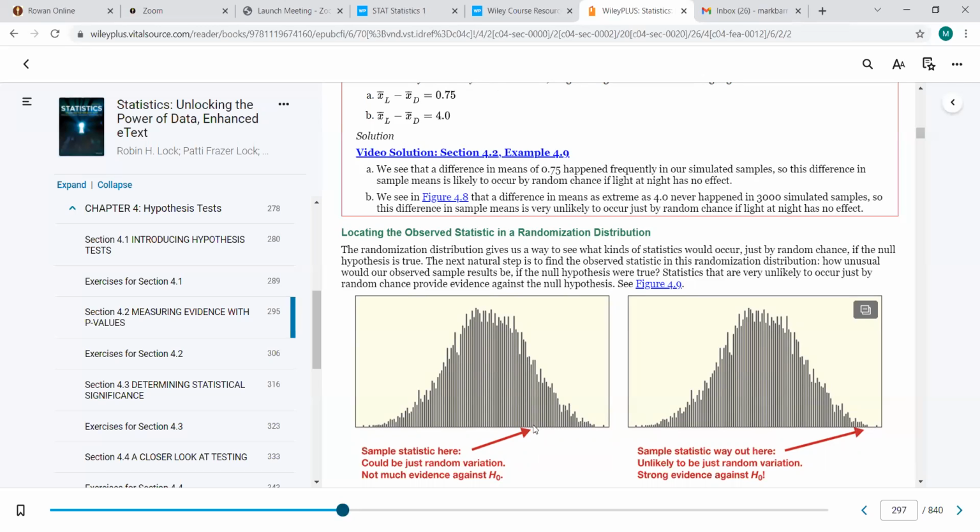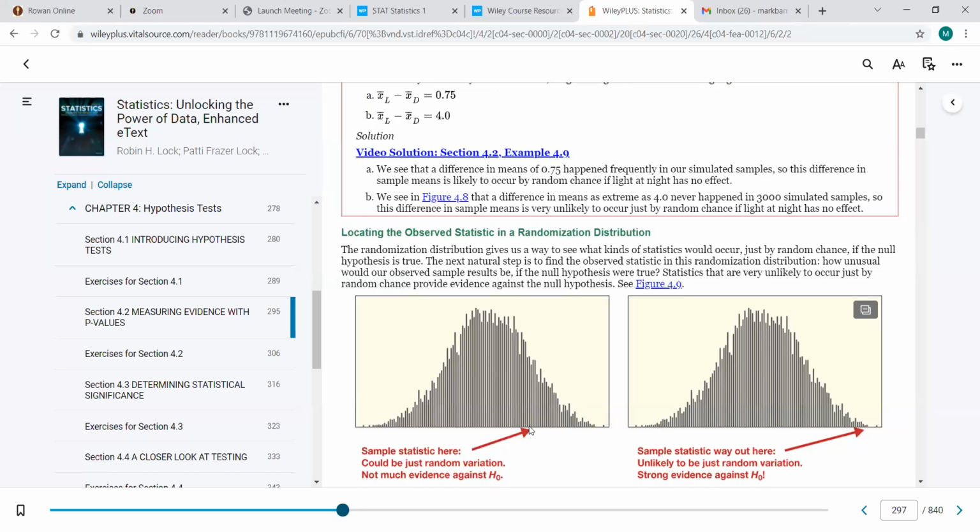While there's many more dots, samples that have values that are at least 0.75. So it seems more likely with 0.75 that it could be normal variation of samples, based on the idea that the difference in the means is 0.